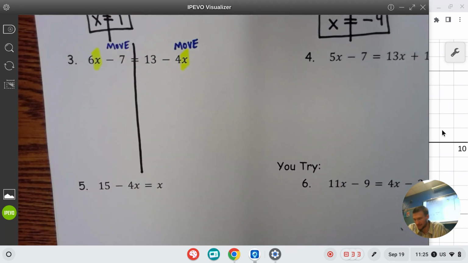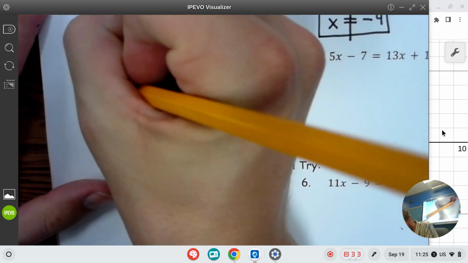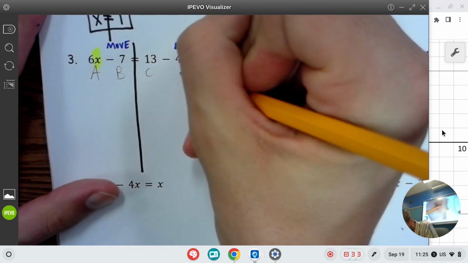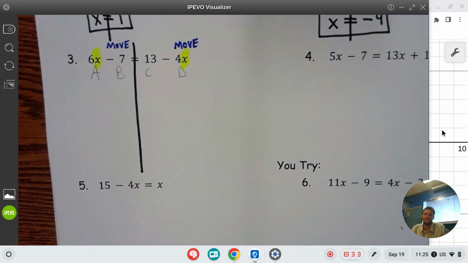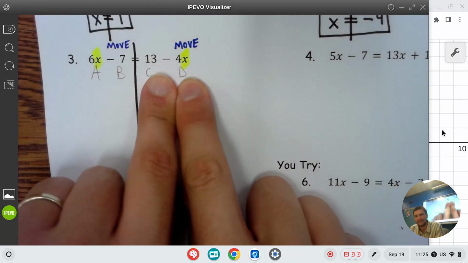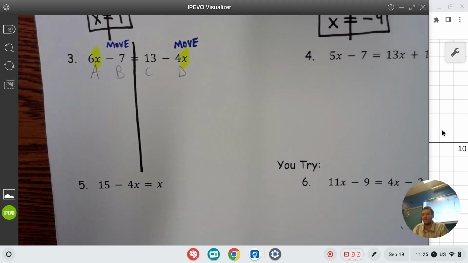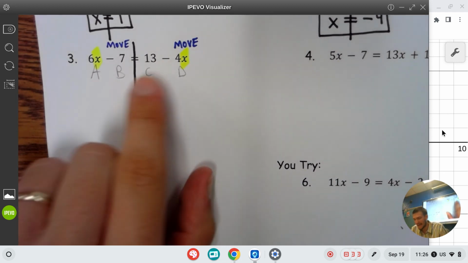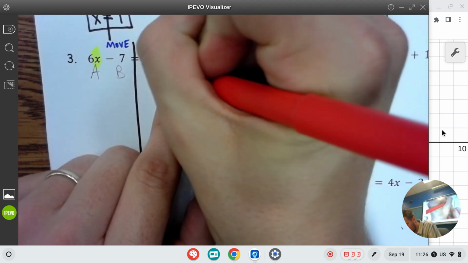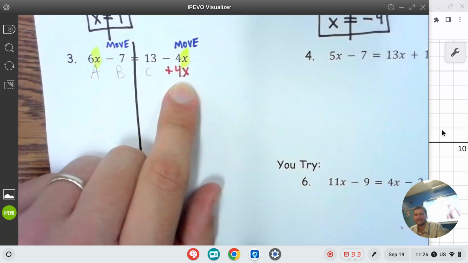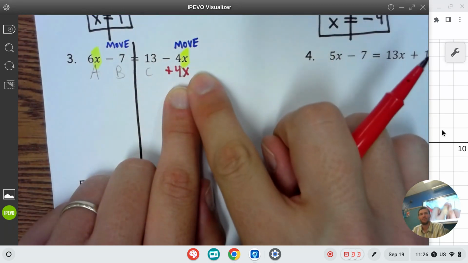So let me ask you this question. We have kind of 4 columns here, A, B, C, and D. When I move this -4x by putting a +4x, what are the 2 letters where I need to put +4x? You are correct. A and D. I need a +4x in the D column so that it's going to match up with my x's.